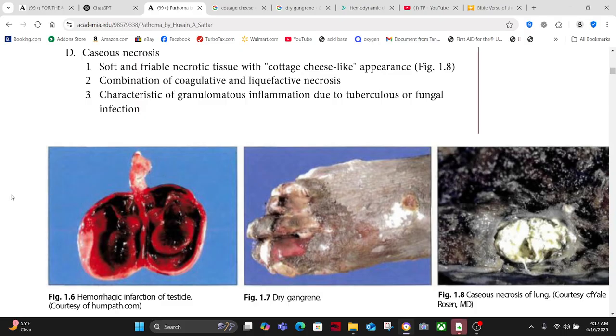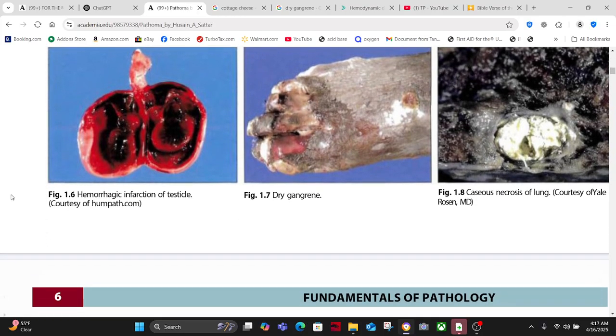Because it has two supplies, if one is cut off, the other one can enter, and that's why it's red.